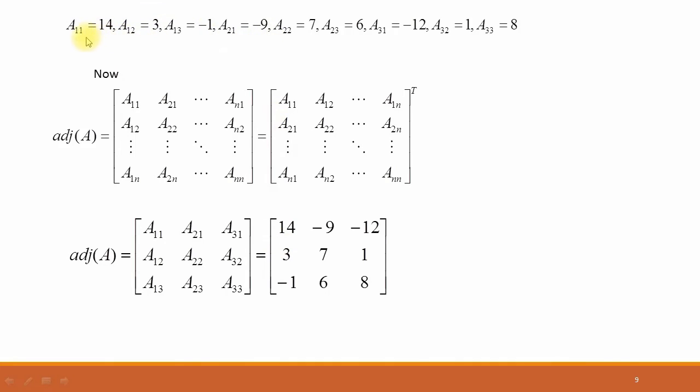So these 3 cofactors along R1, A11, A12 and A13, are now in the first column after taking the transpose, these 3 cofactors A21, A22 and A23 are in the second column, and the last 3 cofactors along R3, A31, A32, A33 will be in the third column. So this is the cofactor matrix of matrix A, and after taking the transpose of the cofactor matrix, we get the adjoint matrix. Now this is the adjoint matrix of matrix A.